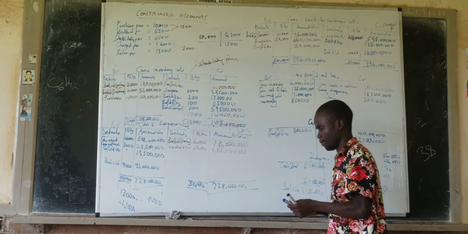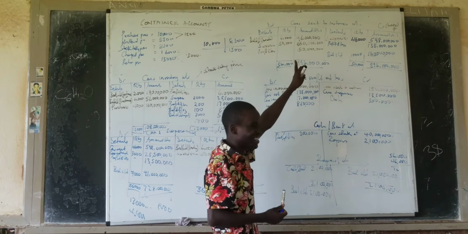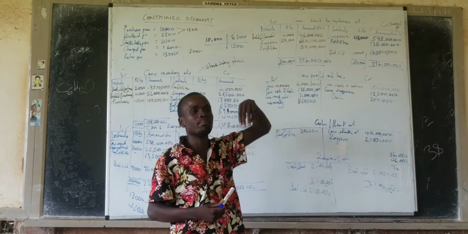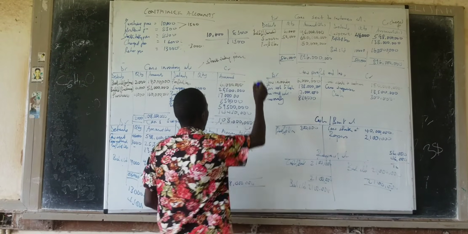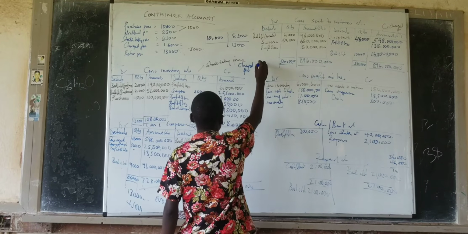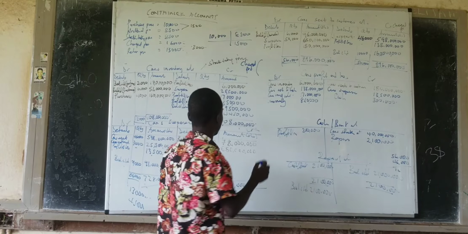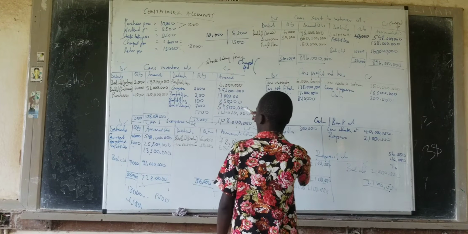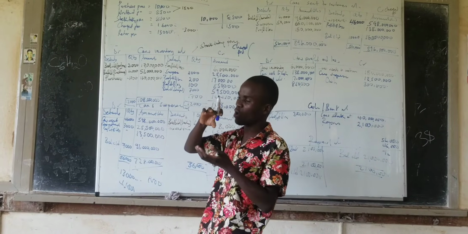But remember, the cans sent to customers account must be maintained at the charged price. If it must be maintained at the charged price, this charged price has two figures. It is broken down into two.